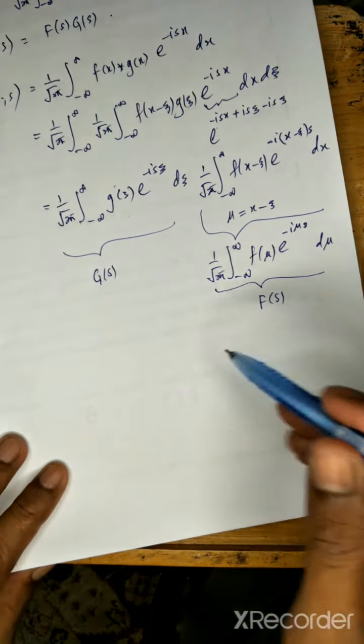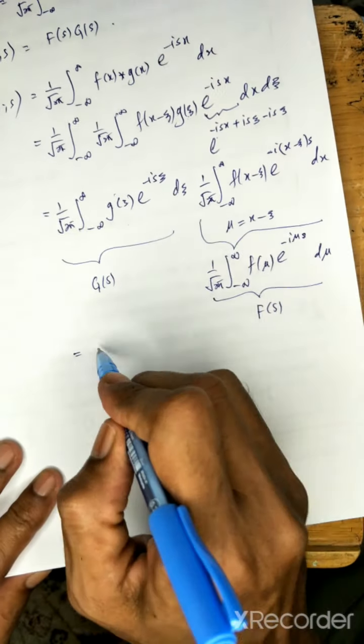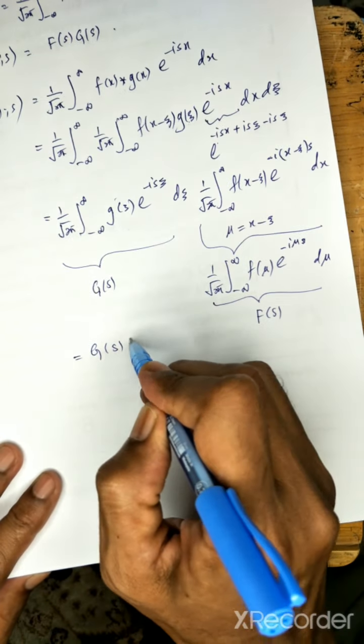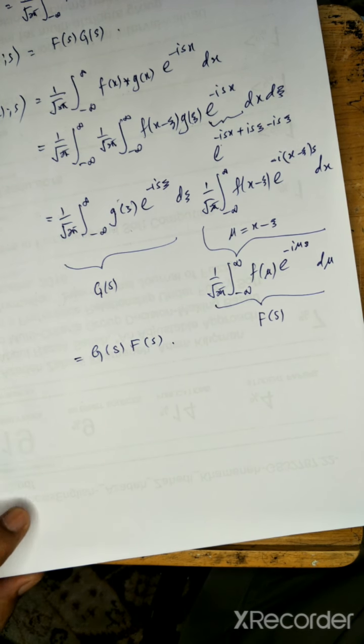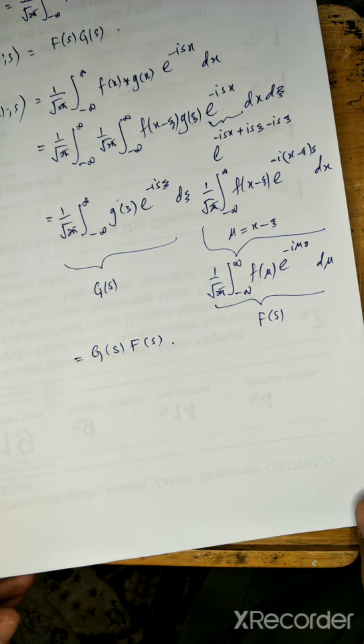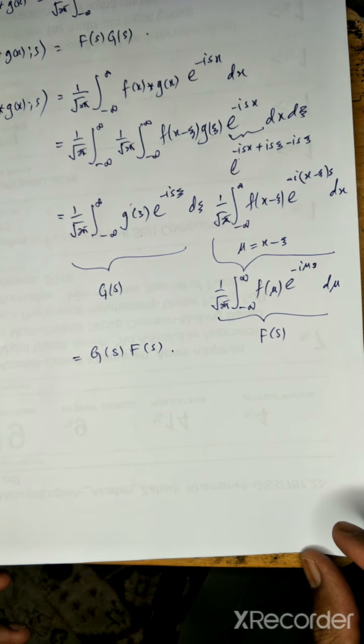So you end up with g(s) and f(s). Okay, so that's the proof for the Fourier transform of the convolution of two functions, right?